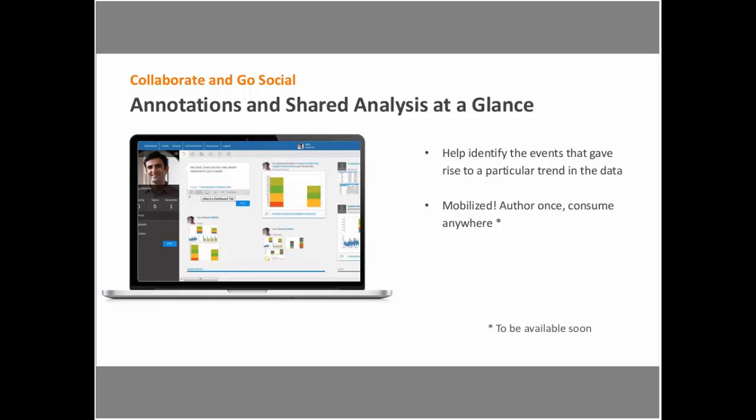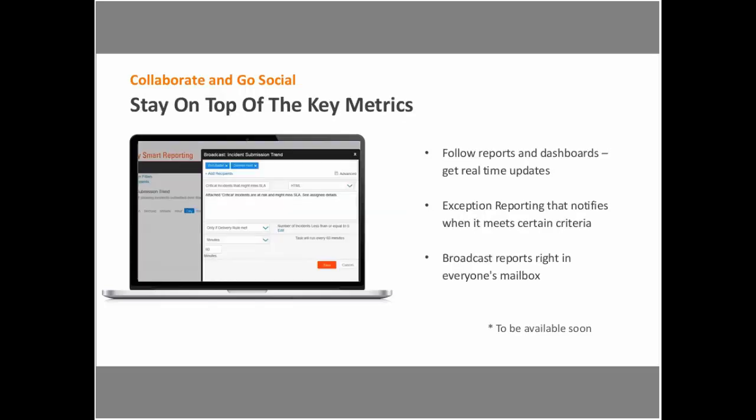Also, this smart reporting solution is mobile ready. For example, today you can access the entire smart reporting application in a browser on a mobile device, and it will render as you can see it on your desktop. And we are looking at an option to make smart reporting available in mobile apps in the future. Some of the other key things, as I talked about, are how you get updates for a report or a bunch of reports.